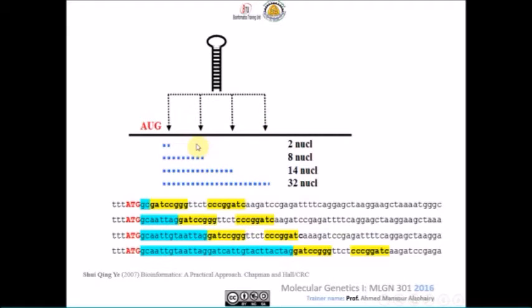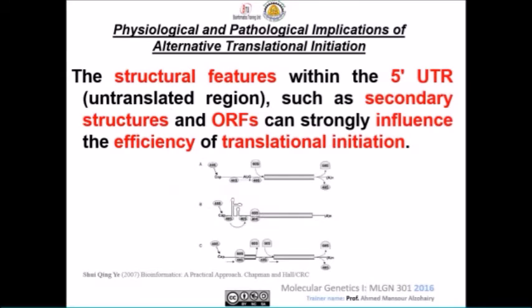So this initiation, because of its diversity, could produce diverse products. This of course has physiological and pathological implications, because the structural features within the 5' UTR, such as the secondary structure and open reading frame, can strongly influence the efficiency of translational initiation.